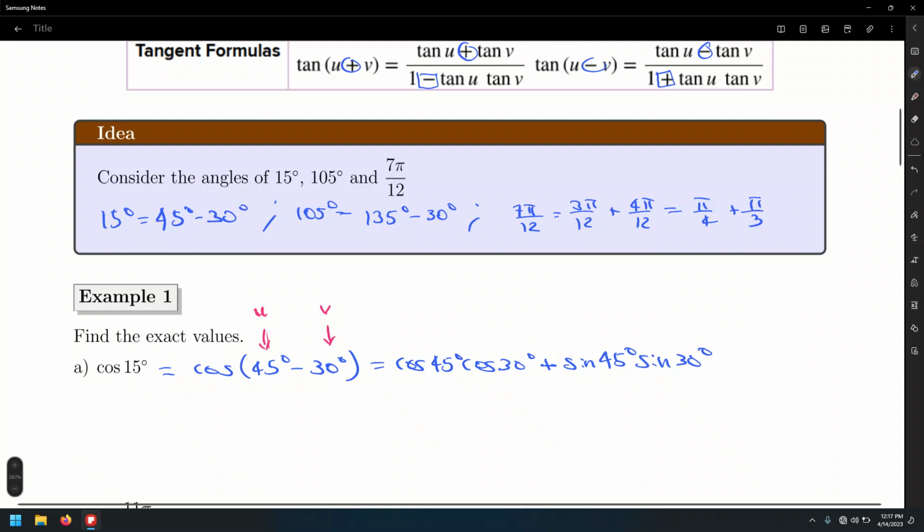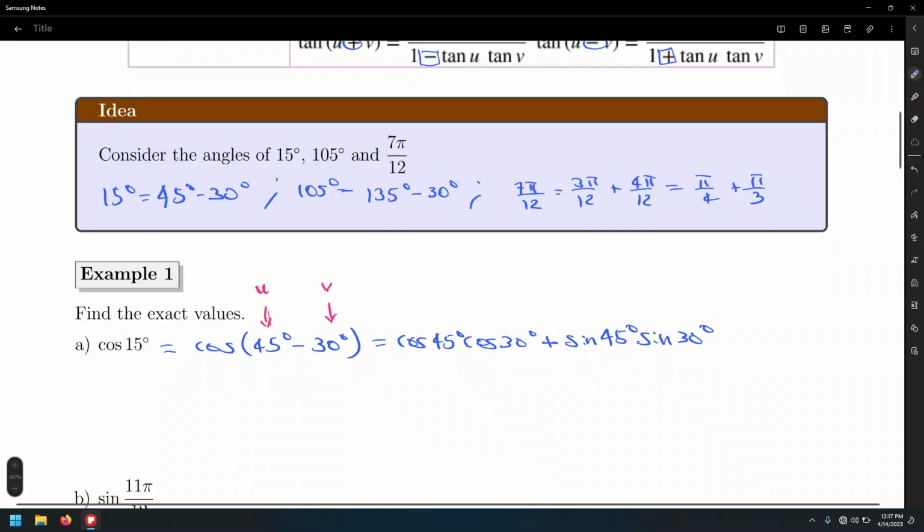That is, for cosine of 45 degrees, that's root of 2 over 2, times cosine of 30 degrees, which in this case is root of 3 over 2, plus sine of 45 degrees, that's root of 2 over 2, and that's sine of 30, which is 1/2.